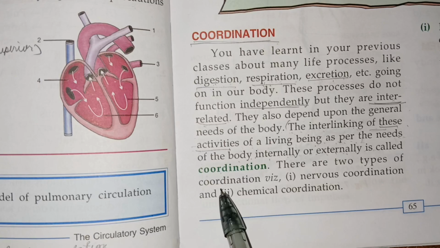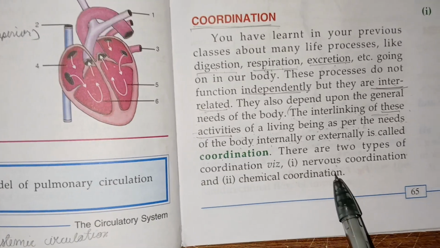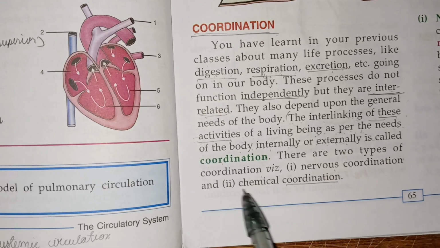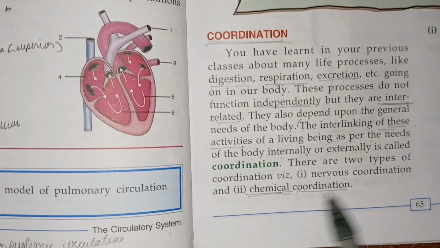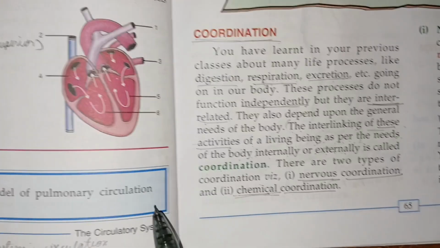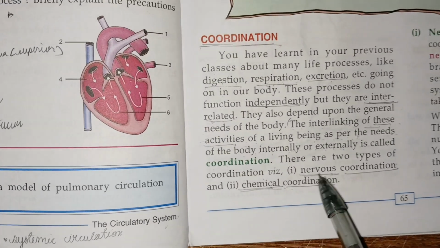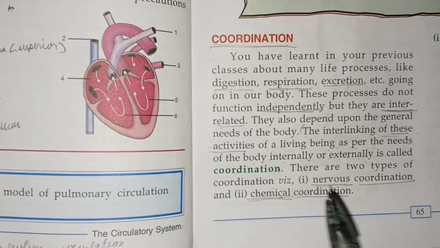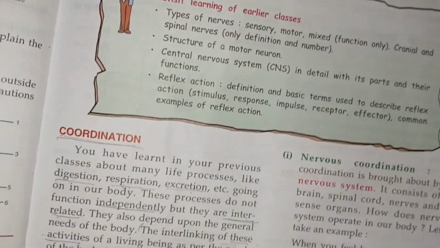There are two types of coordination: nervous coordination and chemical coordination. Coordination through biochemical messengers, biochemical substances. Coordination through nervous system. Two types of coordinations are done or seen in the living organisms, especially higher animals, okay, multicellular organisms.